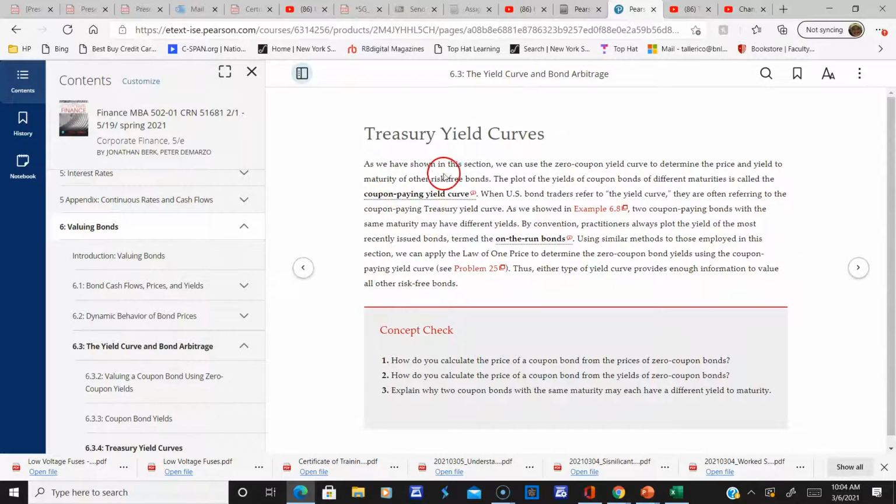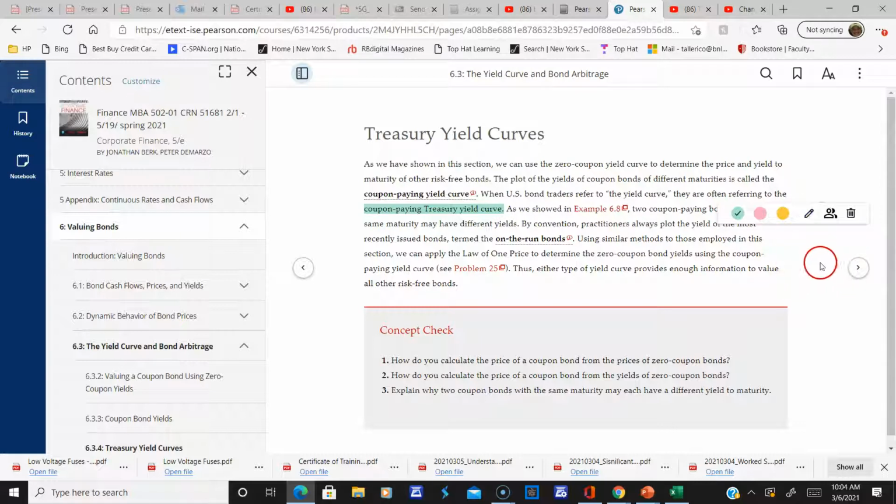All right, so as we have shown in this section, we can use the zero coupon yield curve to determine the price and yield to maturity of other risk-free bonds. The plot of the yields of coupon bonds of different maturities is called the coupon paying yield curve. When U.S. bond traders refer to the yield curve, they are often referring to the coupon paying Treasury yield curve. Notice the difference.